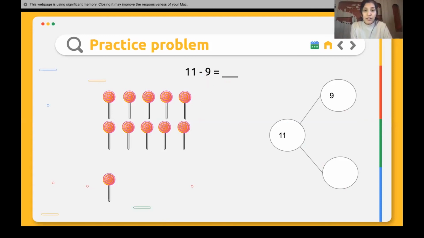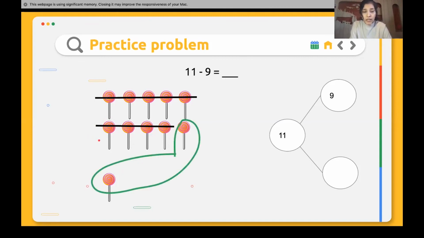Okay, now that you've had time, I'm going to go ahead and show you how I'm solving this. So here I have the 5 and another 5, so that's 5, and then 10, and one more, 11. So I have my 11 lollipops, and I'm going to subtract 9. So we know that 5 plus 4 equals 9. So we're subtracting 9 lollipops.